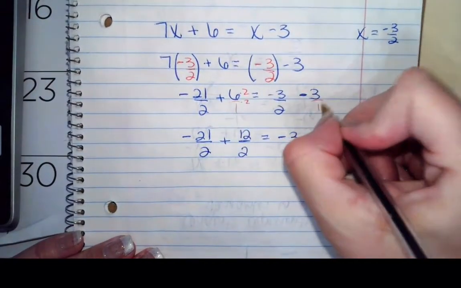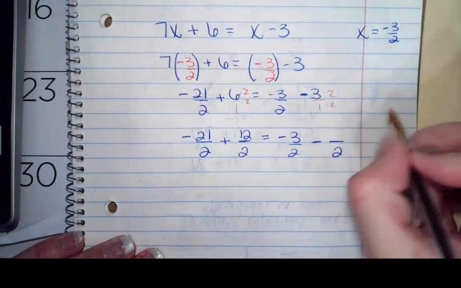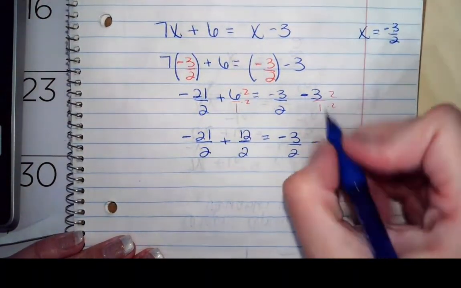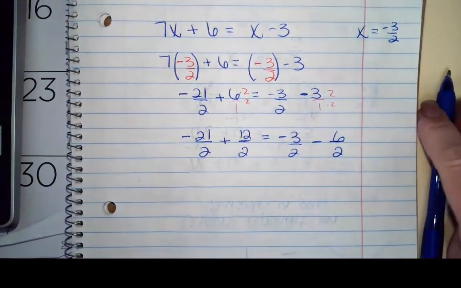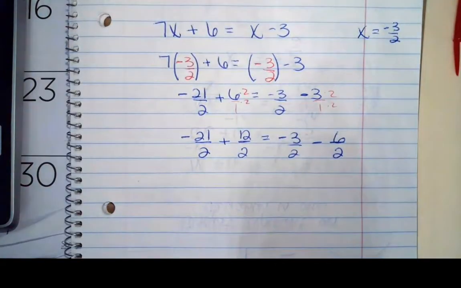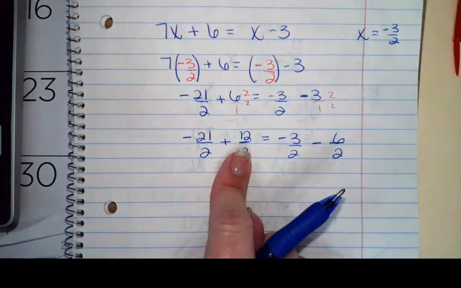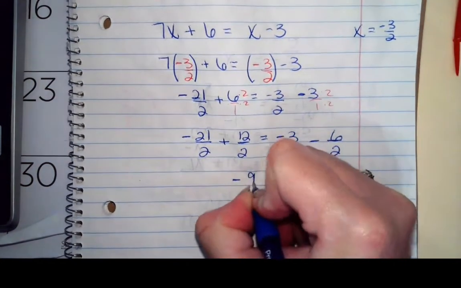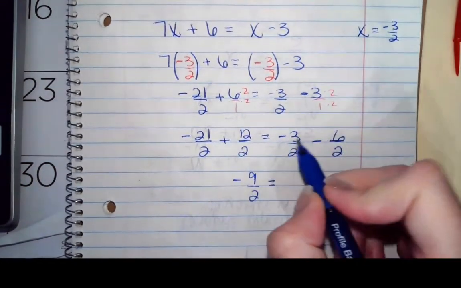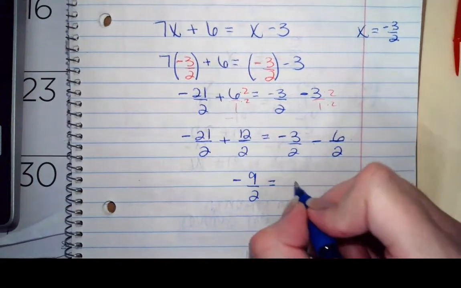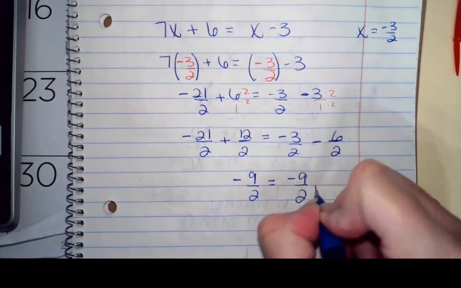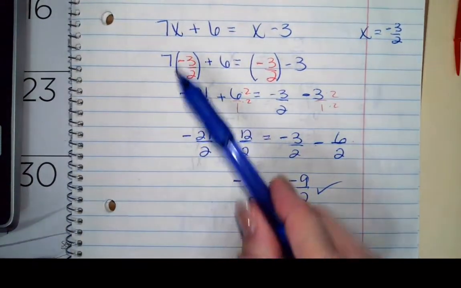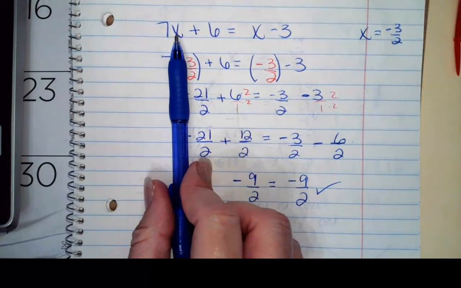So multiply top and bottom by 2. So I get negative 6 halves. So now we're just going to combine like terms. So negative 21 plus 12 is going to be negative 9 halves, and negative 3 minus 6 is negative 9 halves. So that works.